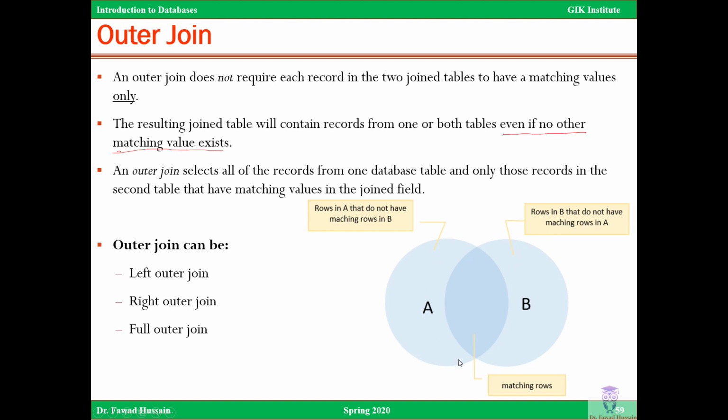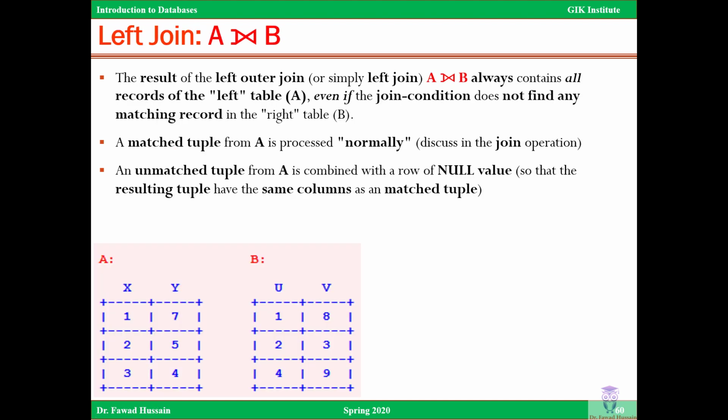The inner join corresponded to this part of the diagram. In the outer join, we may also include rows that exist in either this part or this part, depending on whether we are having the left, the right, or the full outer join. So we look at that with the help of a few examples.